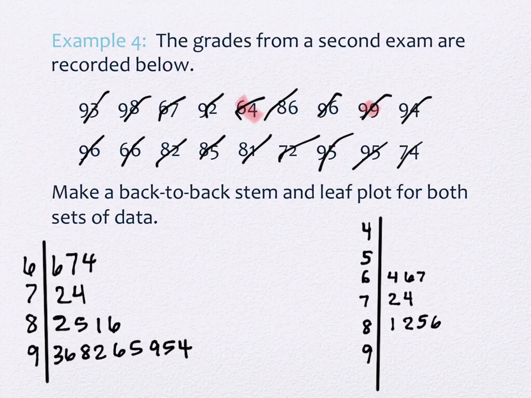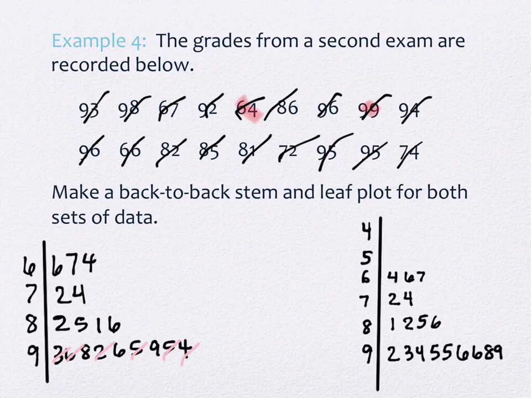And I got a lot of 90s. Looks like 2, 3, 4. And then what? Yeah, 2 5s, 2 6s, and 8, 9.